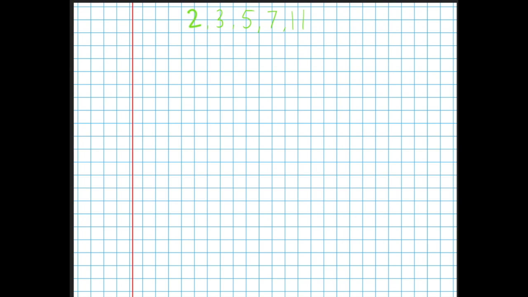So let's review those 5 prime numbers: 2, 3, 5, 7, and 11. These are the numbers we will be using exclusively as our tools to help us simplify fractions today.